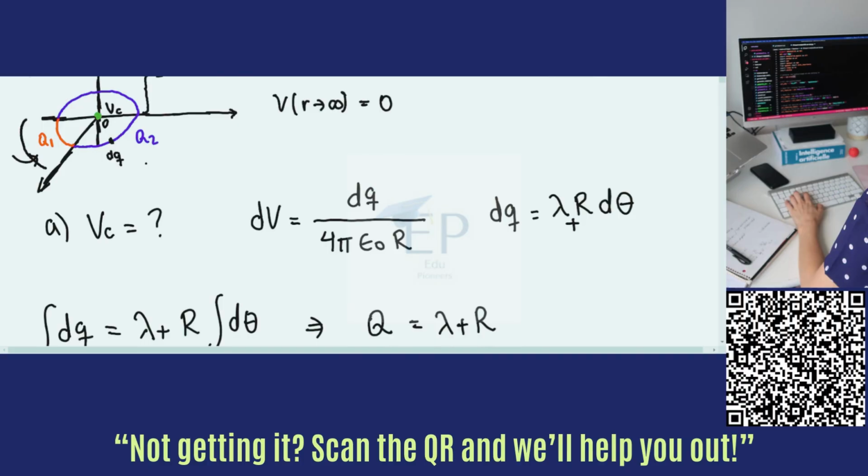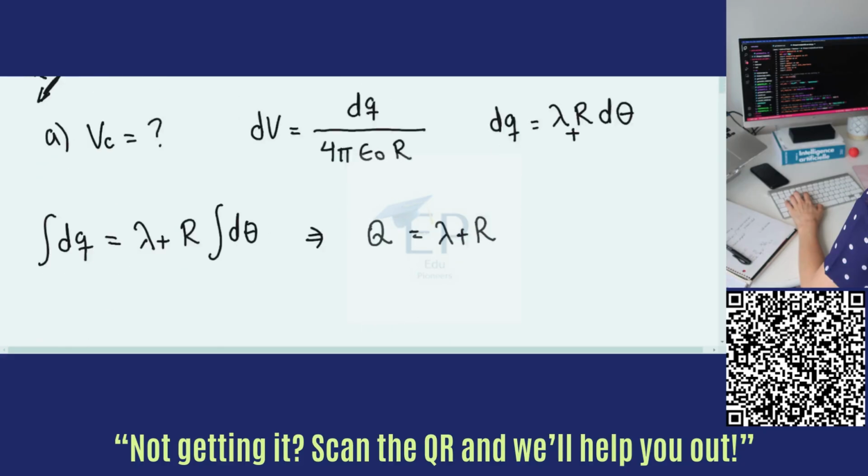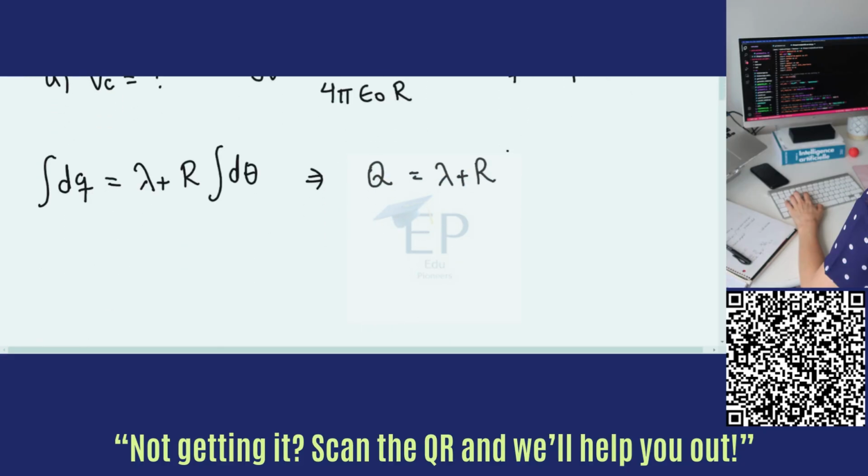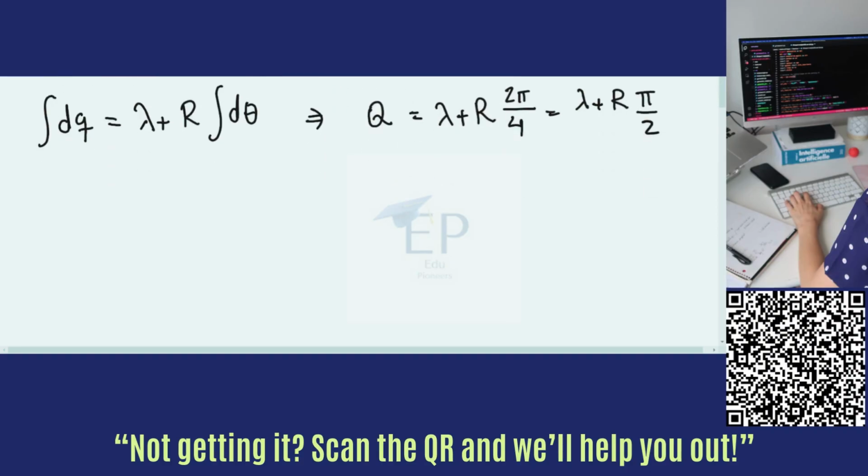So it is this angle in here, and 1/4 of a circle is 2 pi over 4, because 2 pi is the angle of the entire circle, and we can simplify this further to pi over 2. So this is the charge for this segment, and we can solve for lambda positive, so we will have 2 times q over pi r.